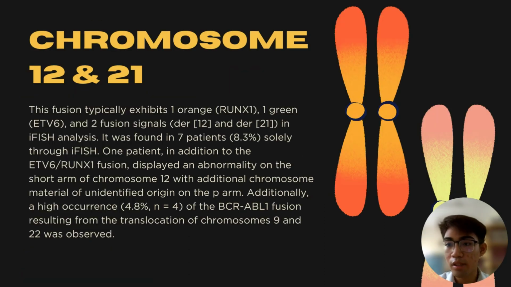So the most commonly observed chromosomal abnormalities are found in chromosome number 21 and also in chromosome 12. Additionally, a high occurrence of the BCR-ABL1 fusion resulting from the translocation of 9 and 22 was observed. So it is chromosome 12, chromosome 21, chromosome 9, and chromosome 22 that have the high percentage of chromosomal abnormalities.